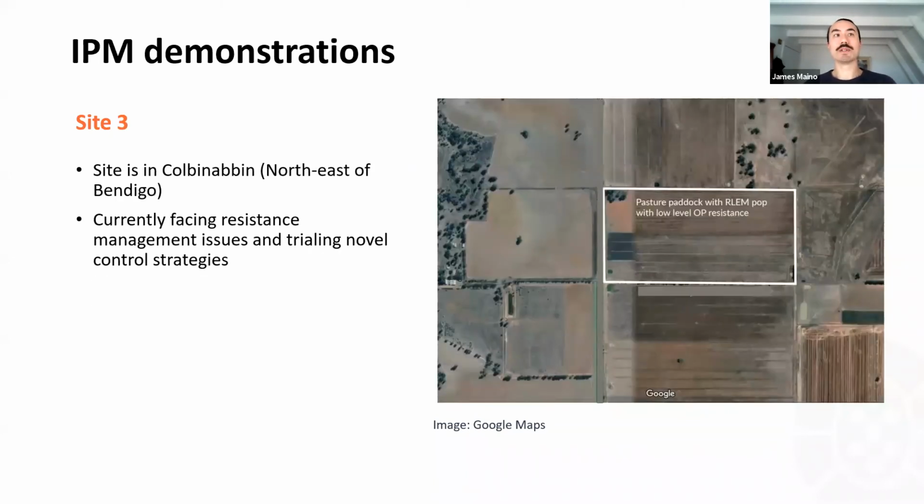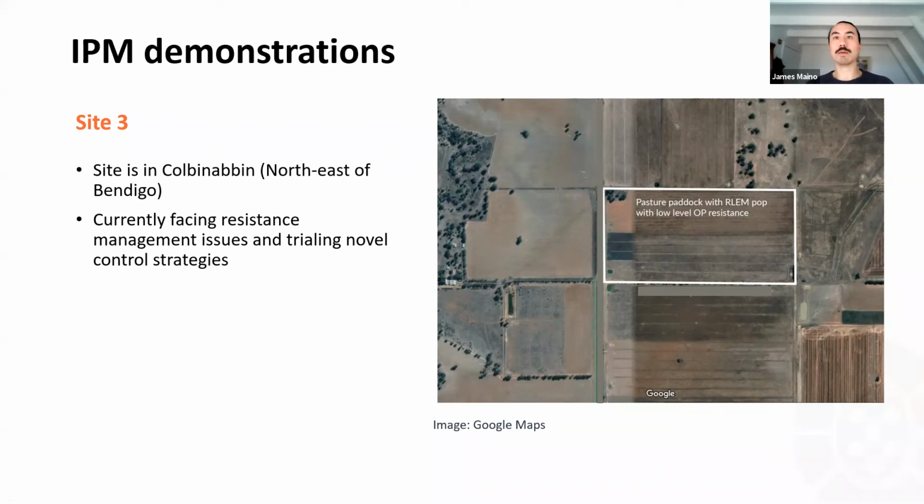And in site 3, which is, I think, a primarily grazing business northeast of Bendigo, the grower is currently facing resistance management issues to organophosphates.